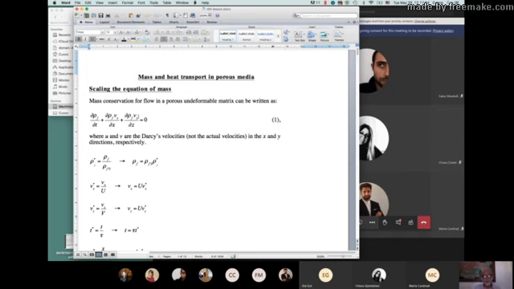So you need to scale your variables so that these variables change between 0 and 1. So you need to do two things.